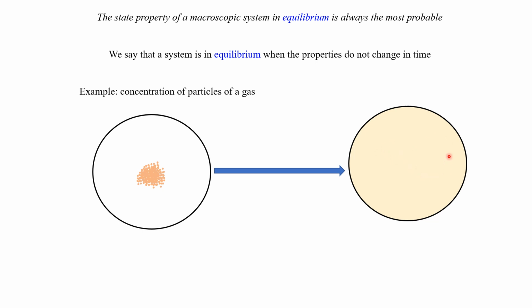We're going to see in this lecture that the meaning of this principle has to do with the fact that the reason why we have only one property now, even though the states keep changing, is that we have so many more states having this property than, for example, having this property, that it is nearly impossible that the system will spontaneously go back to having this property. There are too few states having these properties as compared to the number of states having the property uniform concentration.